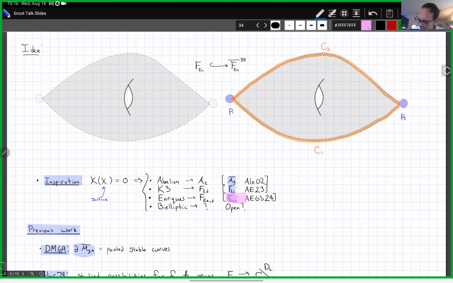And so continuing this line of work, we're working with just the degree 2 numerically polarized Enriques surfaces and hoping to extend this to degree D numerically polarized. And the bielliptic surfaces are, as far as I know, still open. I don't believe there's a moduli space for these guys.